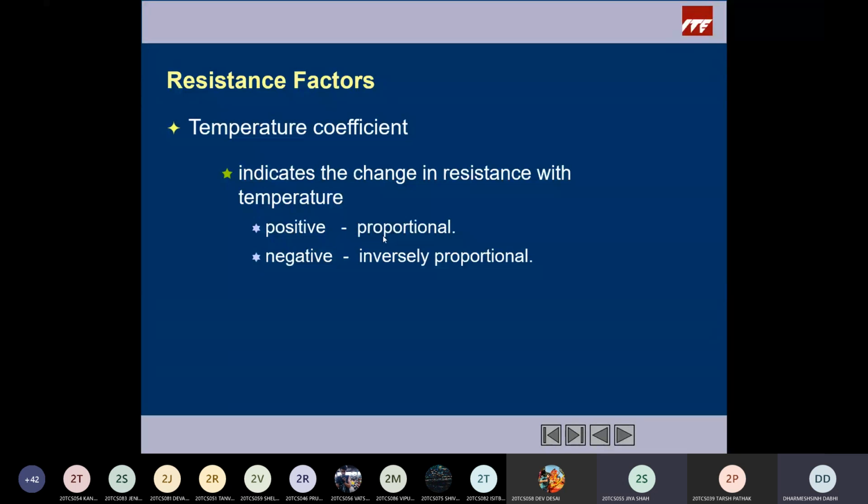What does this temperature coefficient indicate? Suppose I am saying that it is a positive temperature coefficient. So what is the meaning of this? Relative change in physical property. Change in physical property. How? Relative change in physical property. How does it change the physical property? Change the length and area by changing the temperature.